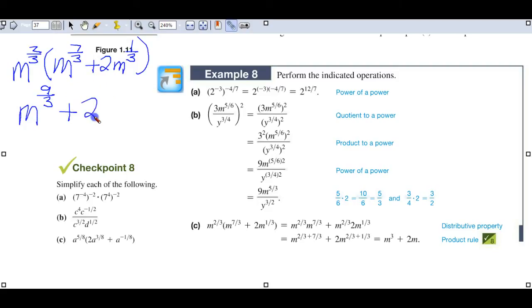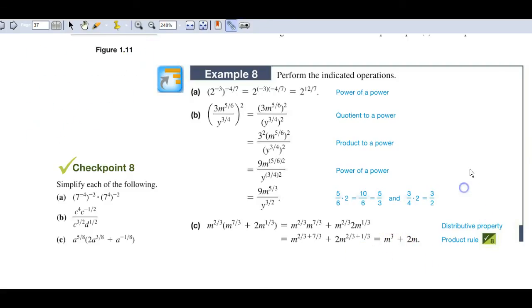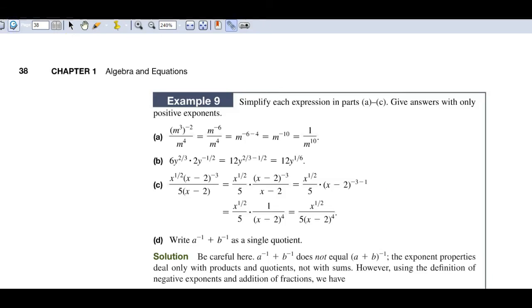And this will be plus 2m to the 3 thirds. So this becomes m to the third plus 2m to the first, and we don't write the 1. And that's what we have. Okay. Well, it's nice to have it all written up there as well as backup.